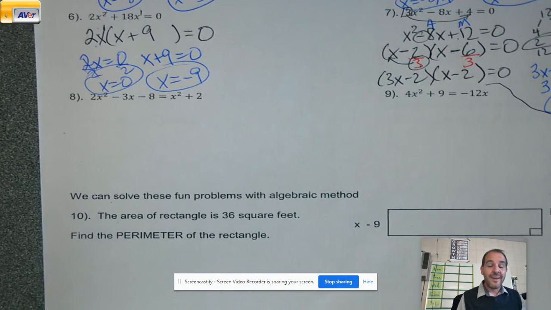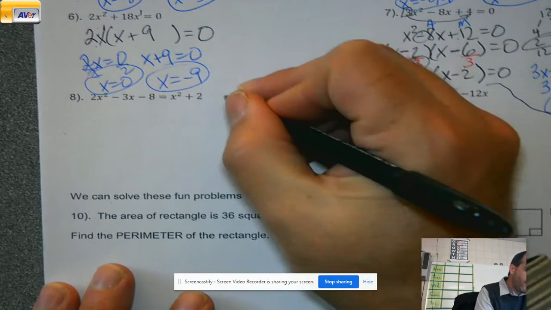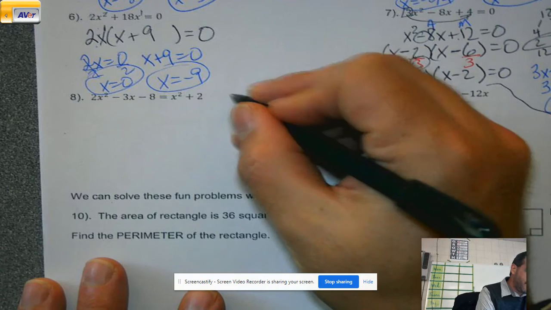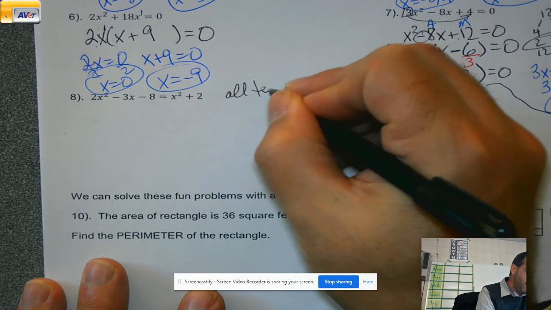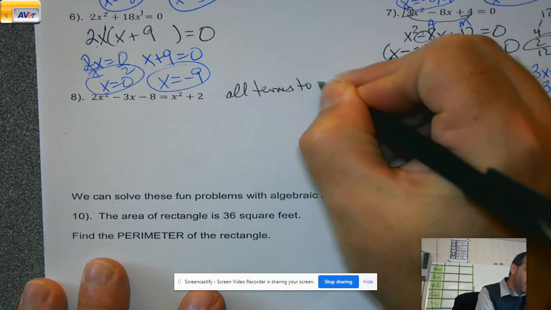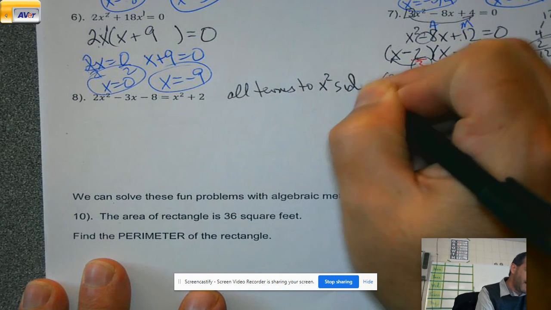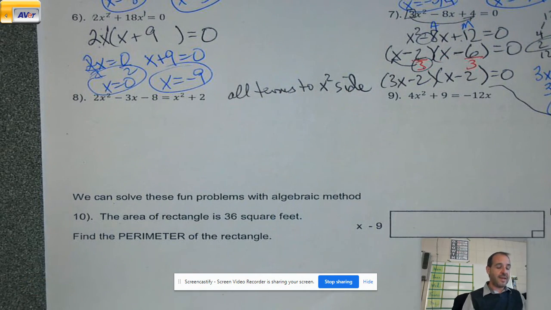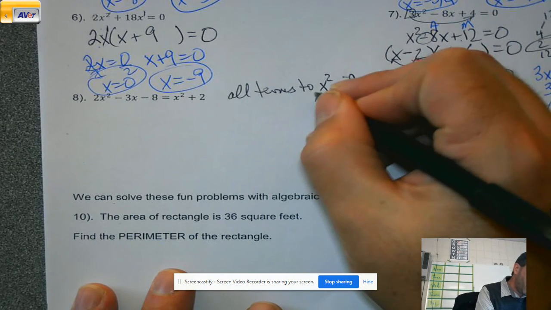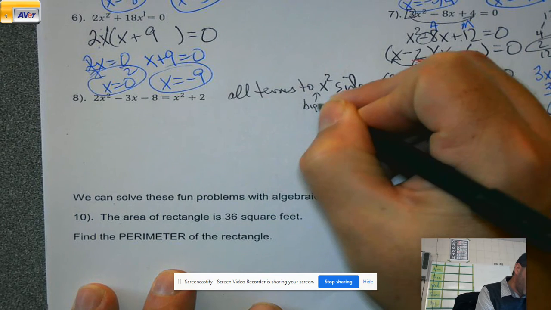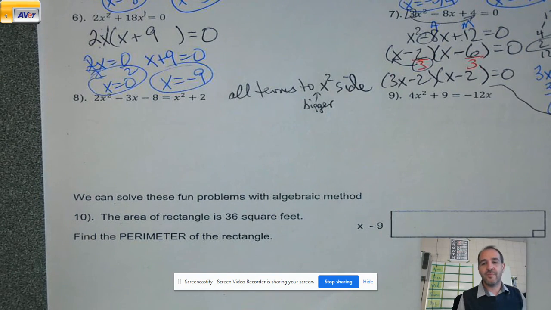Whoa. Now what? Okay. Whenever we get a situation like this, we want all terms to go to the x squared side. That's going to be true for 8 and 9. You're like, well, wait a minute, though. There's x squareds on both sides. Okay? If there is, we want all the x terms on the bigger x squared side.